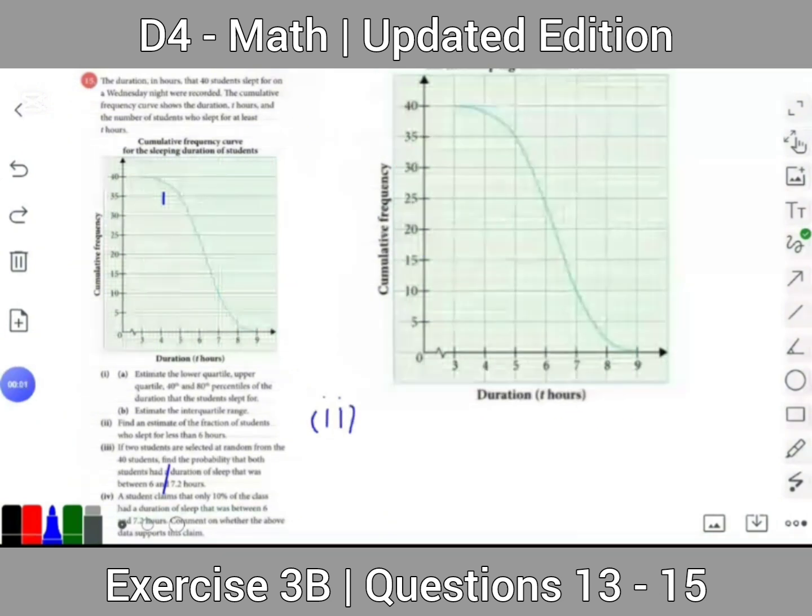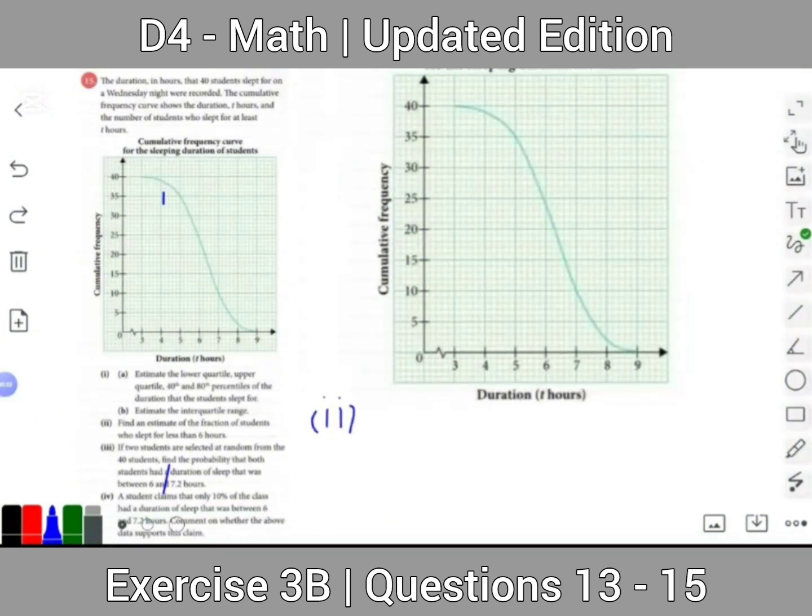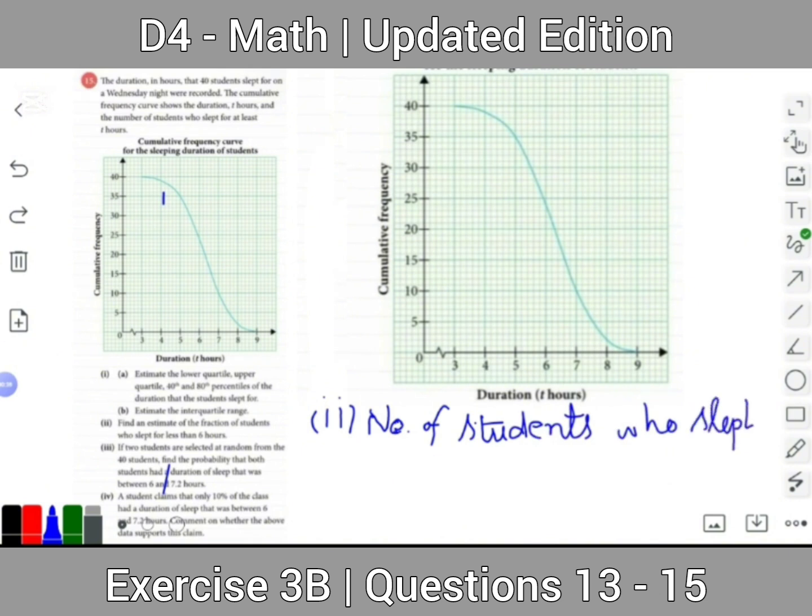Now in part 2, find an estimate of the fraction of students who slept for less than 6 hours. But since the data in the cumulative frequency curve is given in the at least form, from the graph, we find the number of students who slept at least 6 hours.